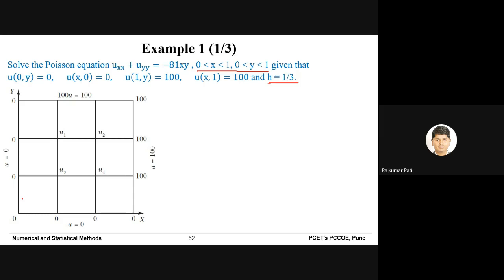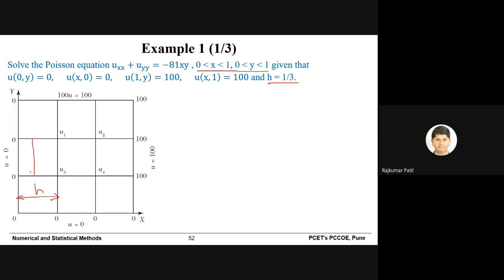So ultimately, the distance between any two neighboring vertical lines will be h.